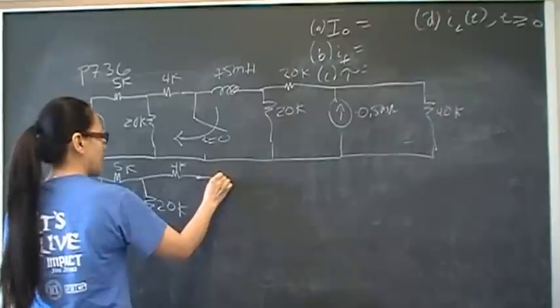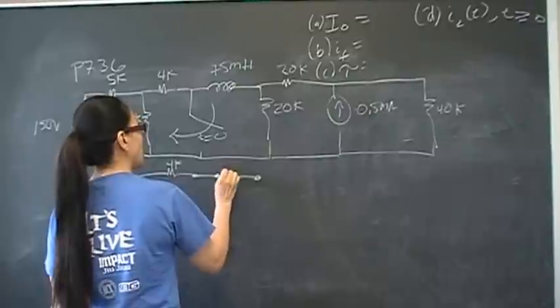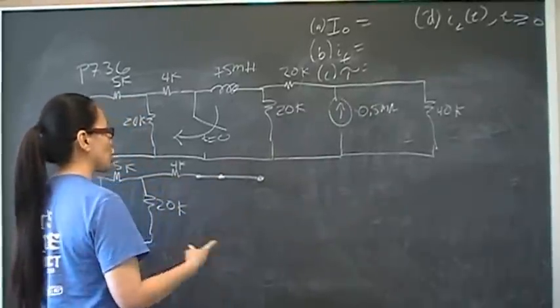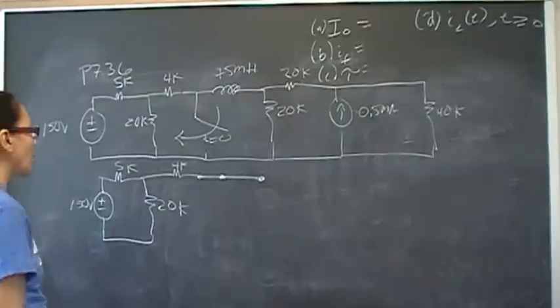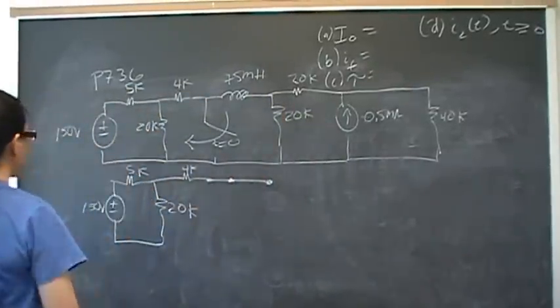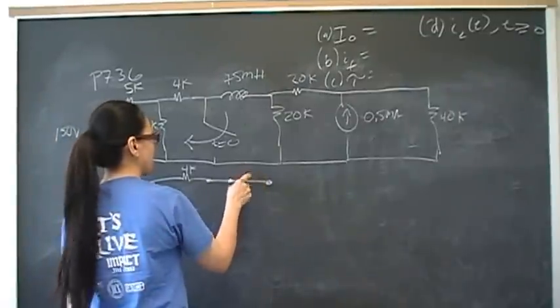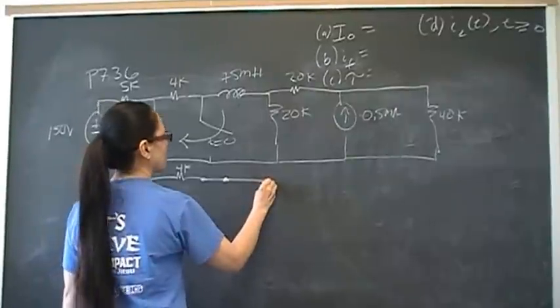The inductor is in its DC steady state, so it's going to appear as a short. It's charged up to some initial value by the independent current source and the 150 volt independent voltage source. We don't know what that is, but it's right here as a short.